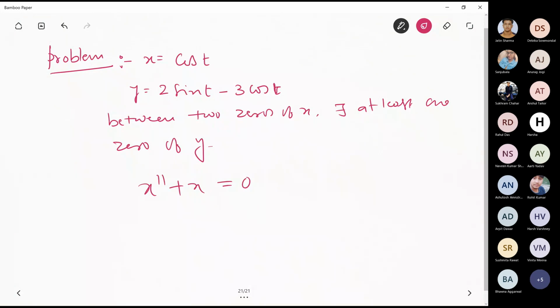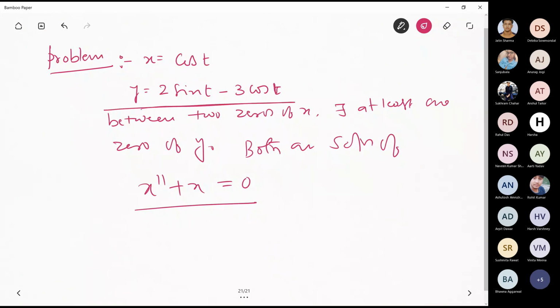Both are solutions of this equation. Therefore, otherwise take a graph of this, and in fact what we showed is that there will be exactly one zero.